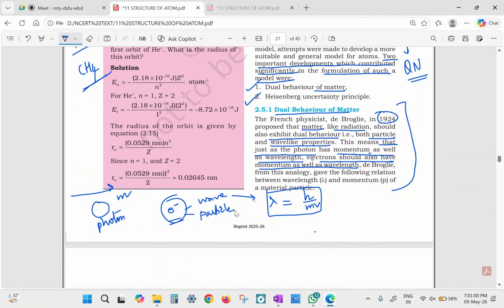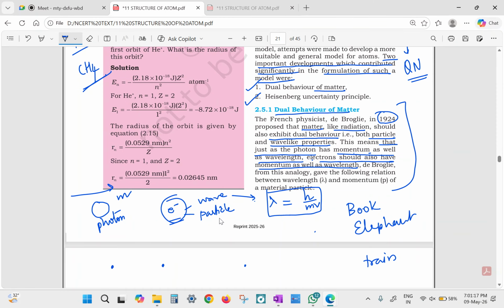It's not about just the electron. It's about your book. It's about an elephant. It's about a train. It's about a dust particle. It's about a proton, neutron.